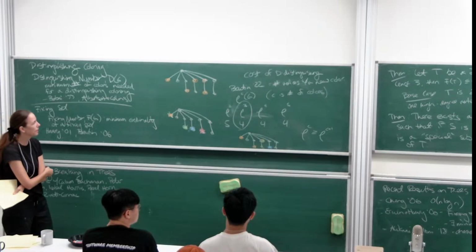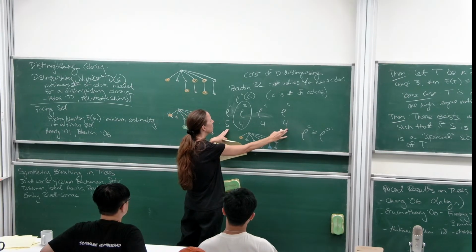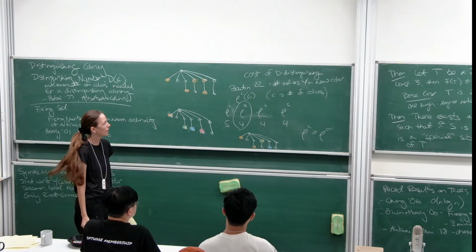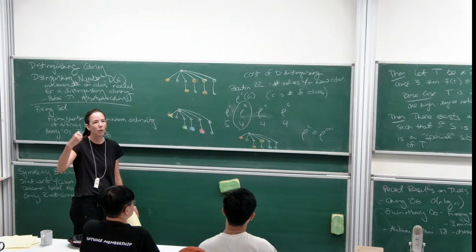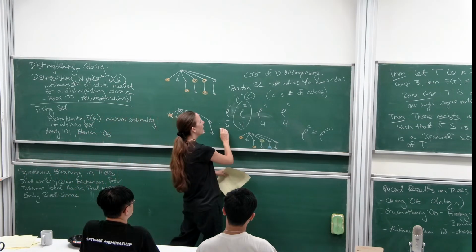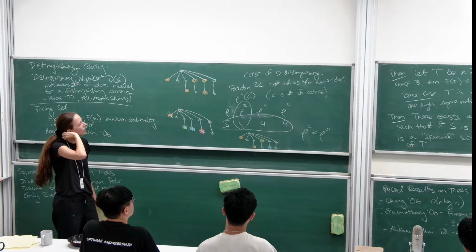This is sort of the full range of this spectrum, where you need at least the distinguishing number of colors, and at most the fixing number plus 1 colors. And so you have this whole spectrum where you're interested in what happens along the way.